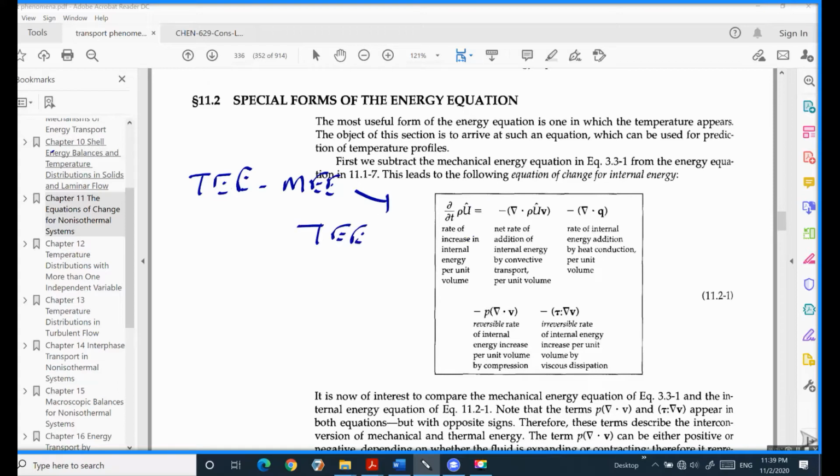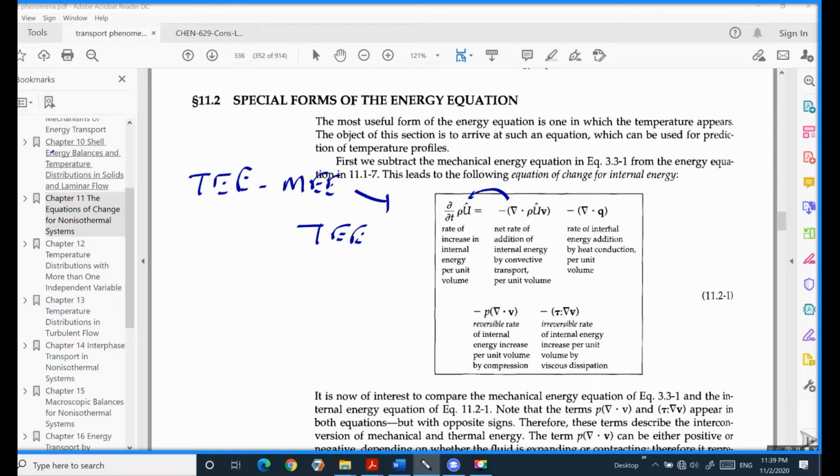In here, the first term represents the rate of increase of the internal energy per unit volume. The second term, net rate of addition of the internal energy by convection transport per unit volume. When we take this term and put it here, we can write this in substantial form.